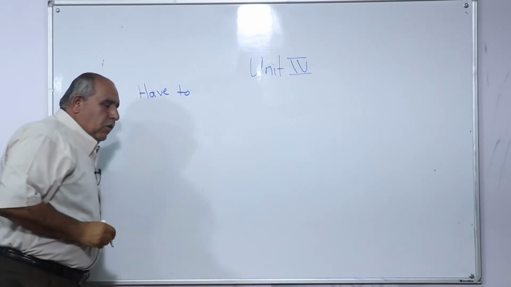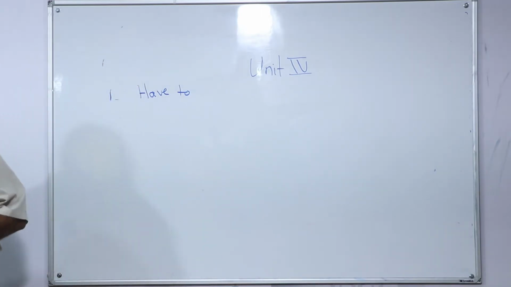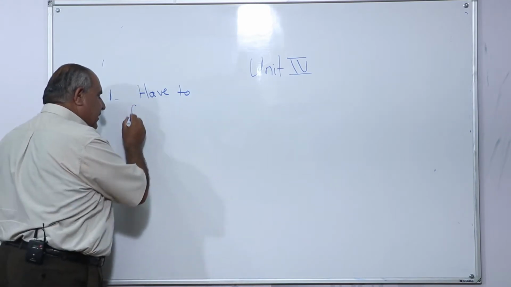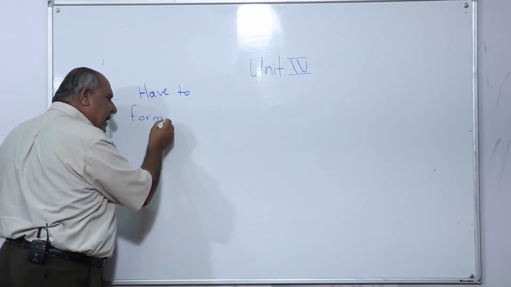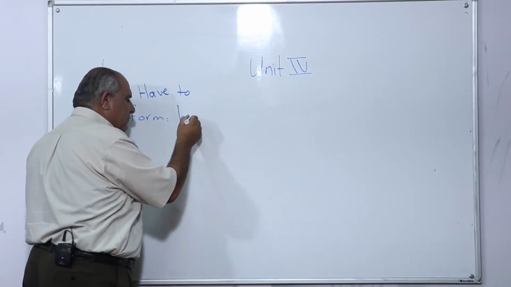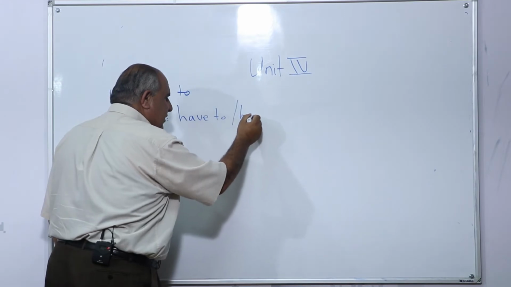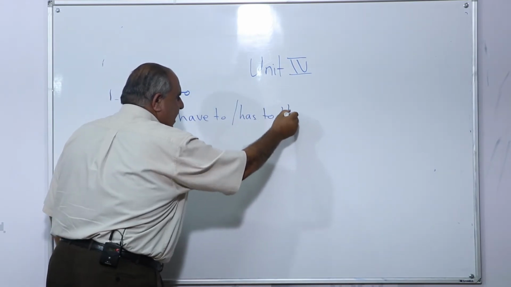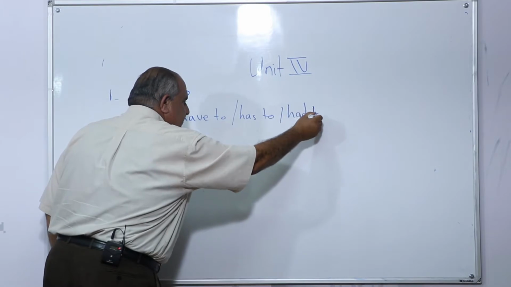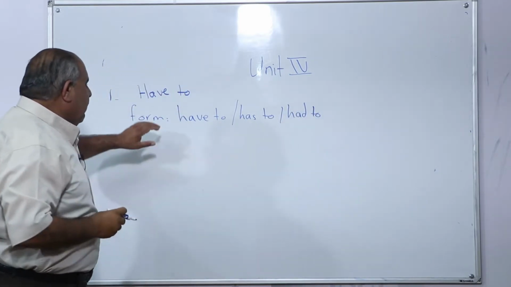Now, when we talk about have to, you have to remember a number of things. Number 1, which is the form of have to. In terms of form, it has the form have to, the second, has to, and the third, had to.